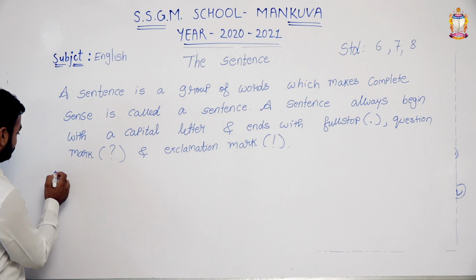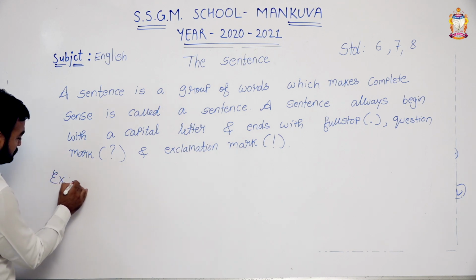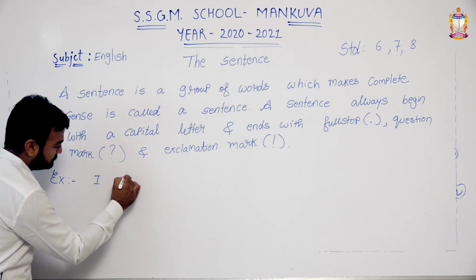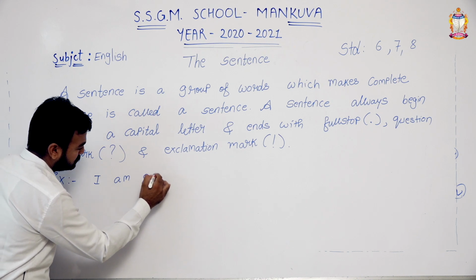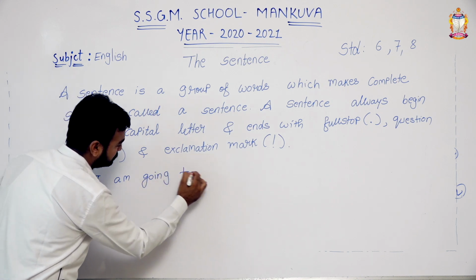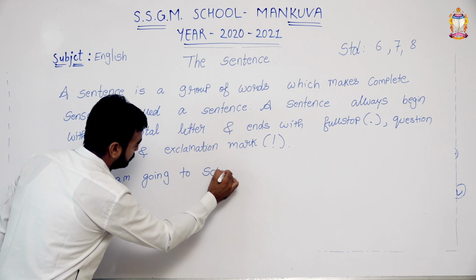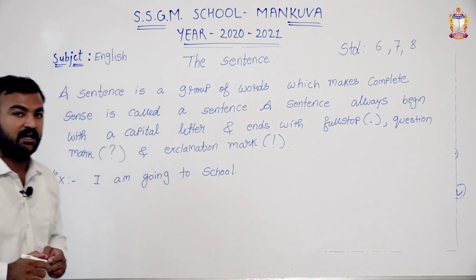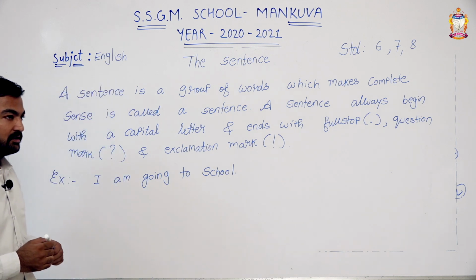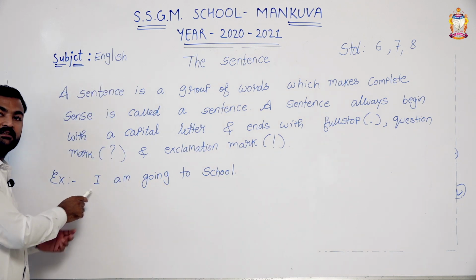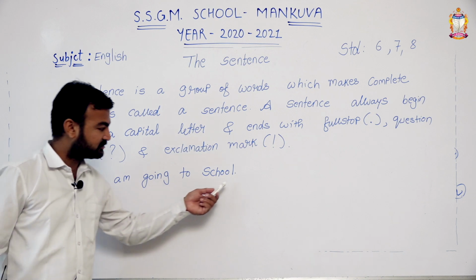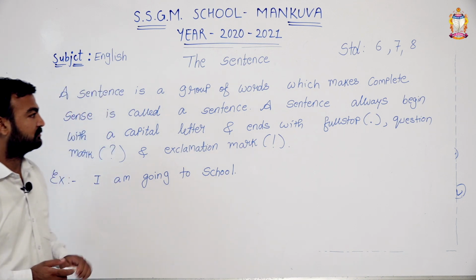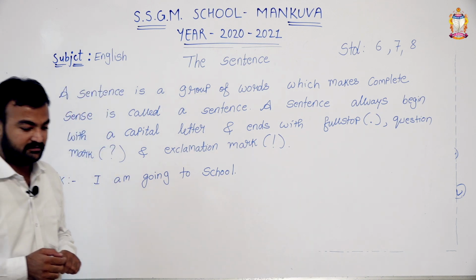For example, I am going to school. This is just a simple sentence. As we all know, the first letter is a capital letter and it ends with a full stop. So this is called a sentence.